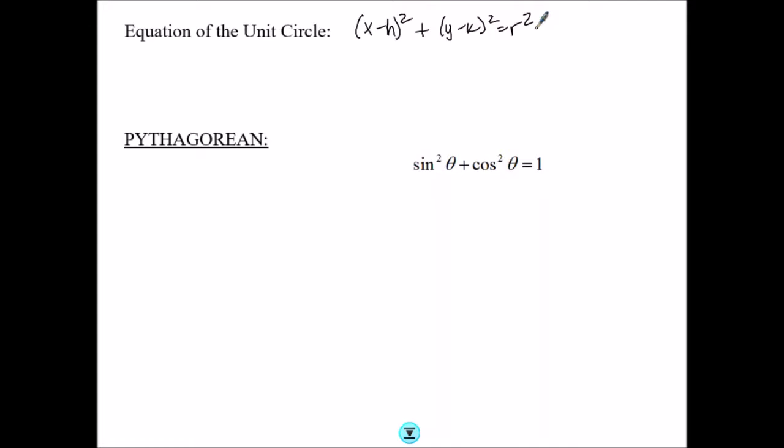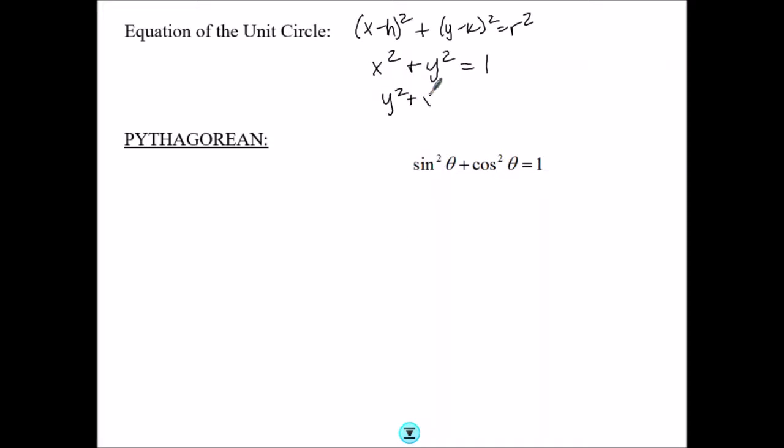Since the unit circle is centered at (0, 0), h and k are both 0, and we have said that the radius is 1. So we have that this is an equation for the unit circle.